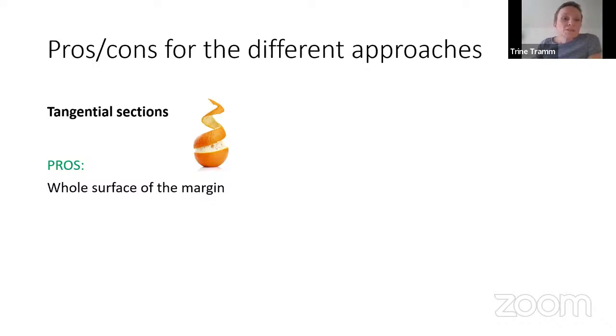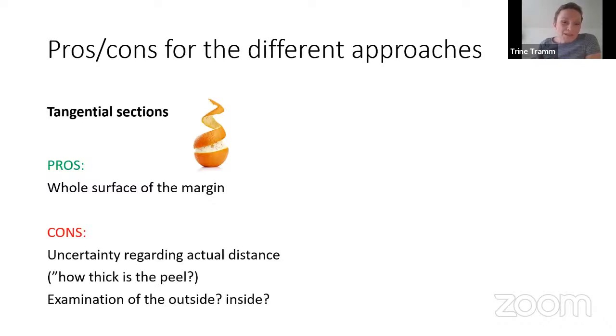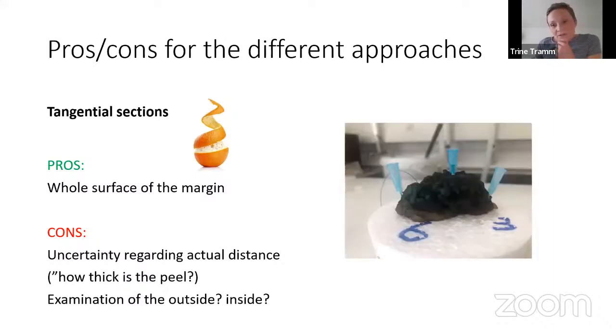So for the tangential sections, we get the advantage of examining the whole surface of the margin. But the problem is that we do not exactly know how thick the peel is. So there will be an uncertainty in measuring the actual distance from the lesion to the margin. You very well know that the surface of a specimen is very bumpy.